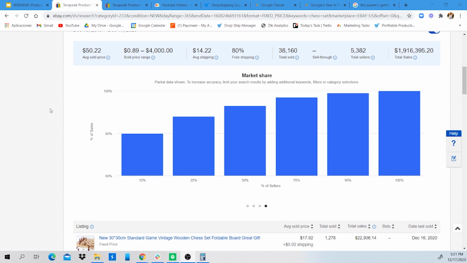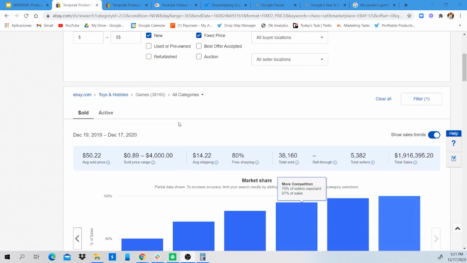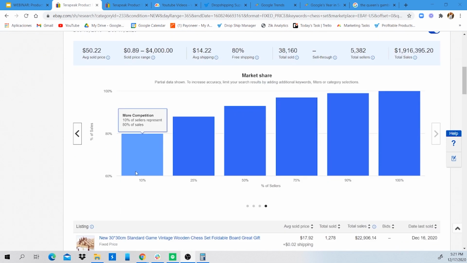Let's call these the elite sellers, the best sellers, right? Out of the 100% of sellers within this niche, 10% have 80% of sales, 80% of market share, or 80% of participation within the niche. That leaves you, as a beginner, only 20% of market share, or chances to make some sales.